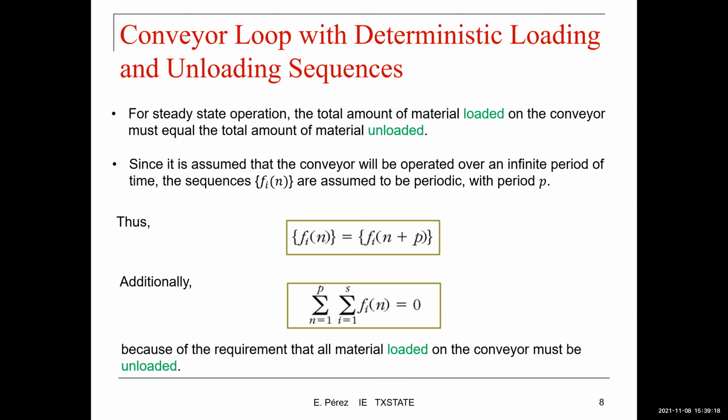Essentially, we are trying to set up an iterative process in which we take into account the series of movements that are happening in each one of these stations. And then based on a sequence of movements that we believe will reach steady state, we are going to estimate the space for these carriers.